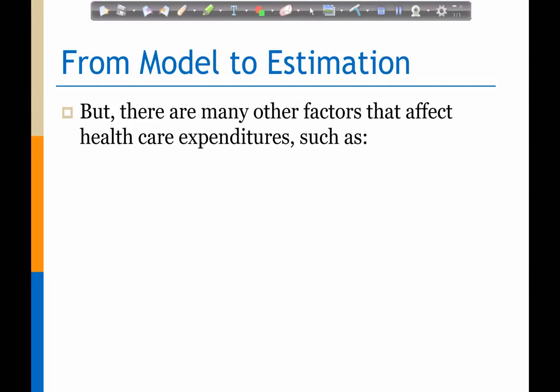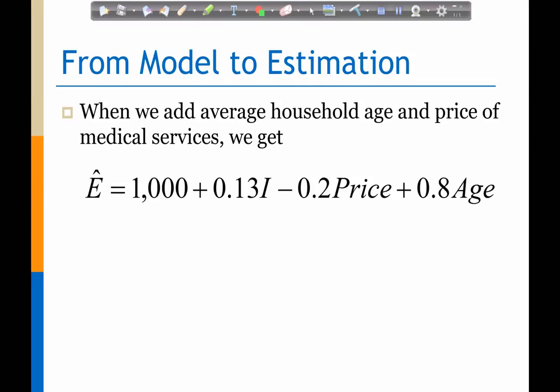However, there are many other factors that affect healthcare expenditures. Some of those might be age. Some of those might be whether or not you have a chronic disease. There are many, many other factors you might come up with that affect health expenditures, and we might want to control for some of those.